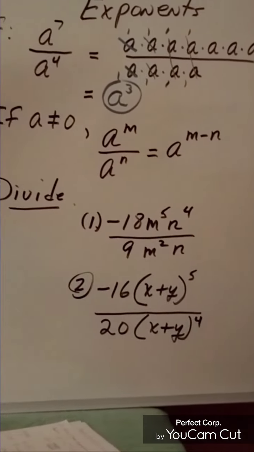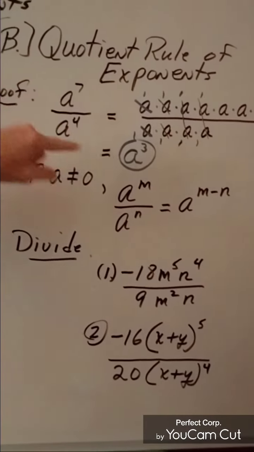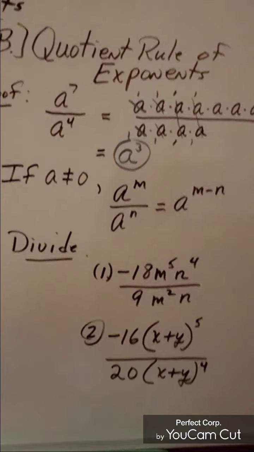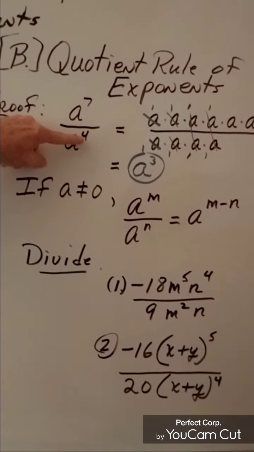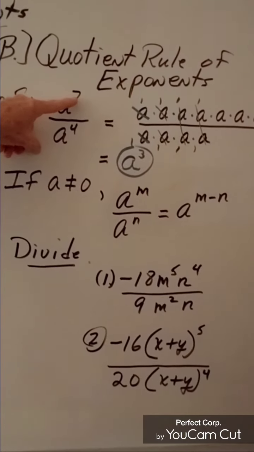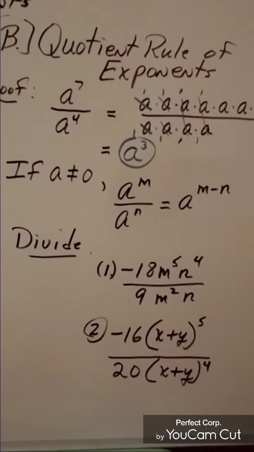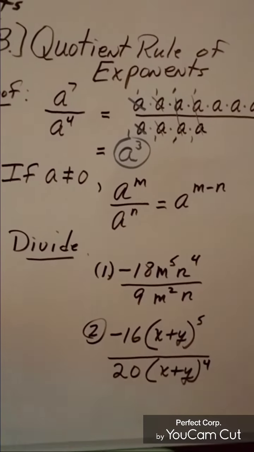Doesn't take much now to look at the original problem and its answer and see that if we subtract the exponents, the exponent in the denominator from the exponent in the numerator, we also happen to get a to the 3rd. And that is the quotient rule of exponents.